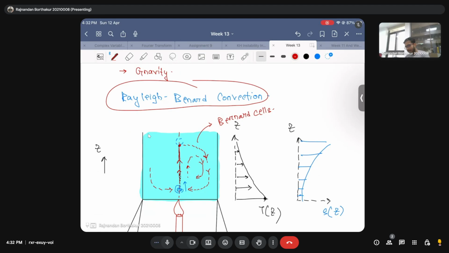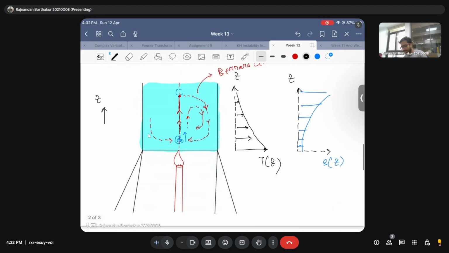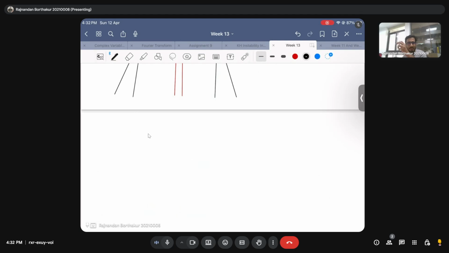Okay, now there is one more instability which I feel is even more interesting, and this is like adding some complication into the Rayleigh-Bénard convection. This goes by the name double diffusion instability. Now what is double diffusion instability?